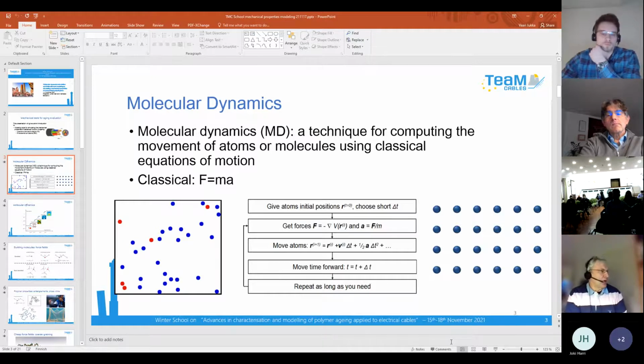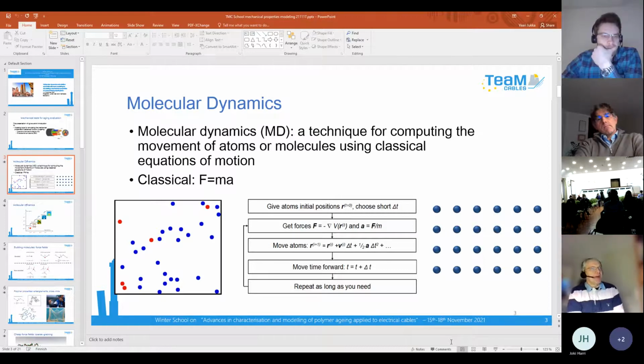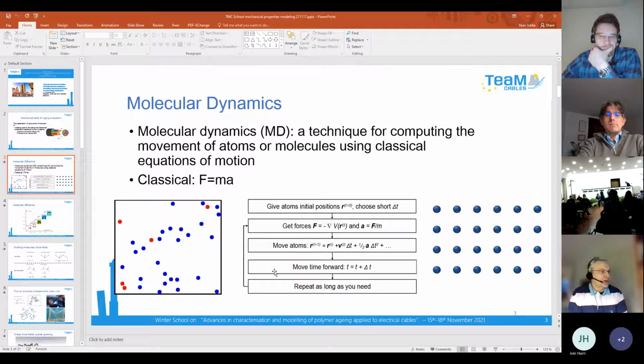So what we are doing in molecular dynamics, we are saying that our atoms are simply points in space that have one property called mass. And we put those atoms somewhere in the space, and then we define between those atoms an interaction potential, V, from which we then can compute the forces that are acting in between those particles.